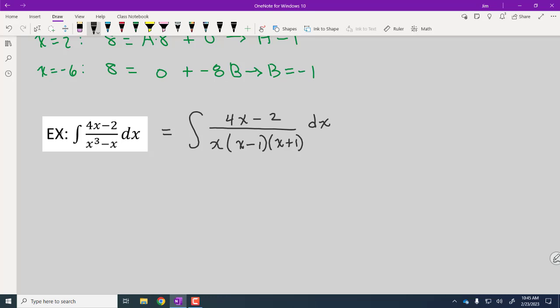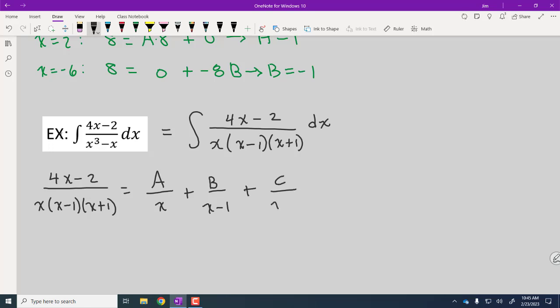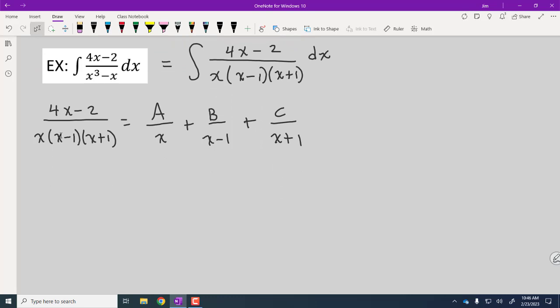We see that there are 3 linear factors, so this tells us that we can rewrite the integrand as a sum of partial fractions with constant numerators over each of those individual denominators. So that is what our decomposition is going to look like.